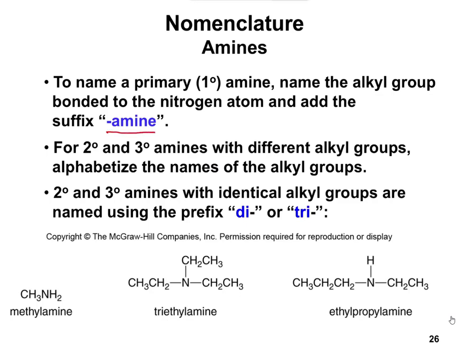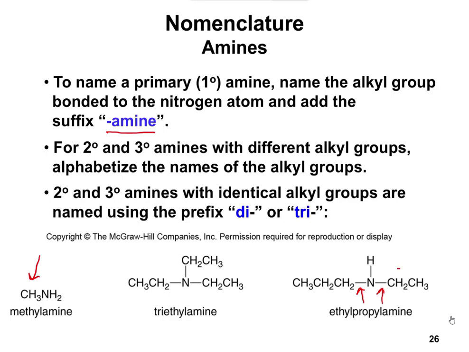And then for a primary amine, you're going to just say the name of the substituent. So for instance, down here, it's an amine attached to a methyl group. So you're going to call it methylamine. Now, if you come over to this one, that's a secondary amine, right? So this one's a secondary amine because there are two carbon-nitrogen bonds.